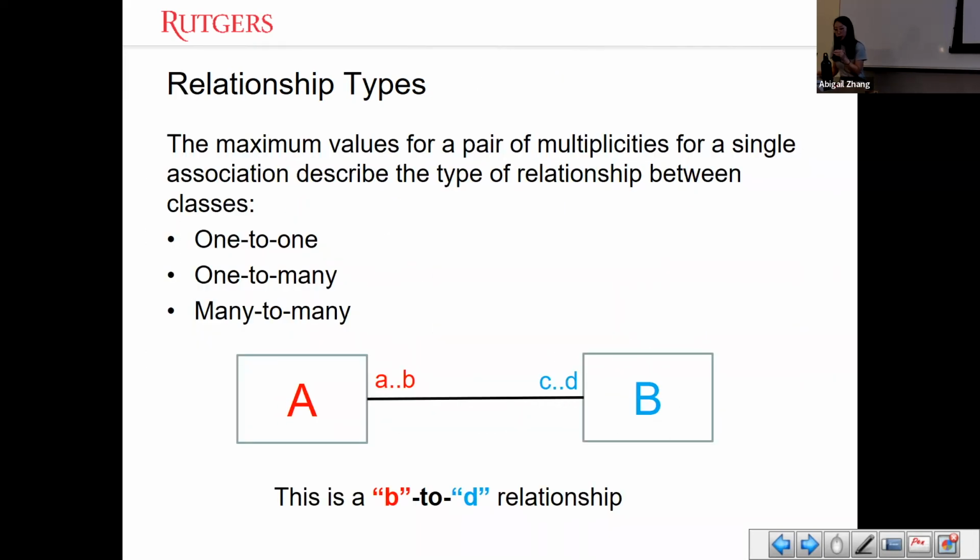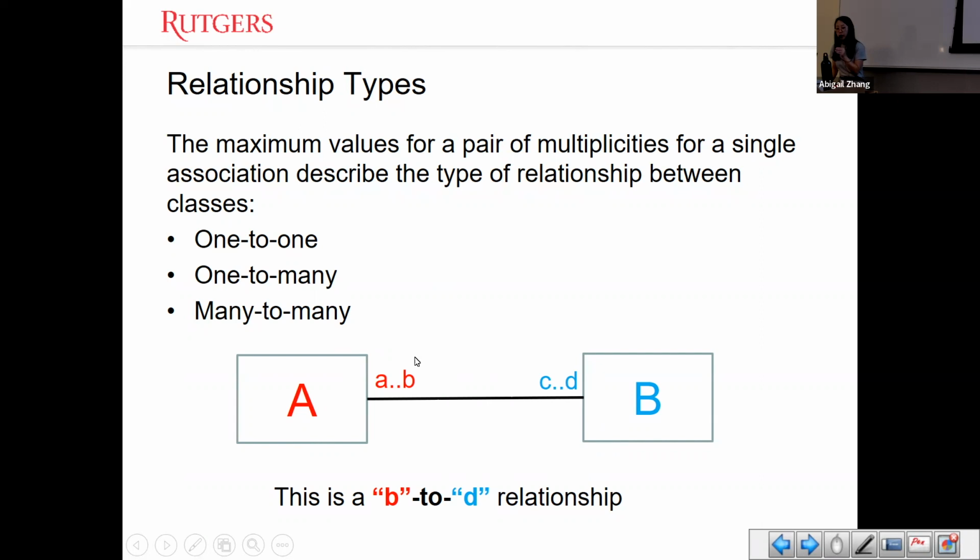So to help you directly identify what kind of relationship that is, I also have a little cheat sheet here. Let's say we have two classes and this is their multiplicity, and we can just look at the maximum value of each multiplicity. In this case, the maximum value for A's multiplicity is this lowercase b, and the maximum value for the multiplicity for B is this lowercase d.